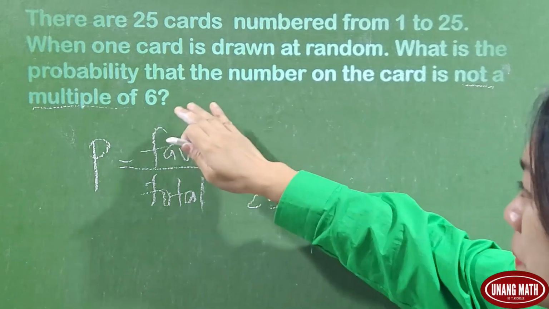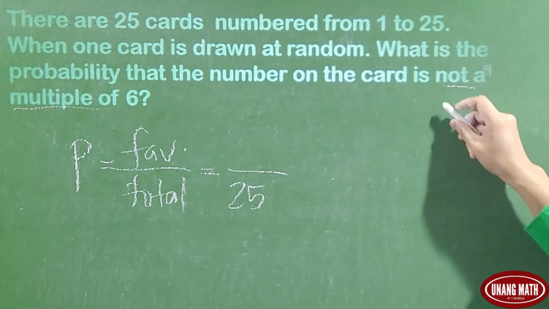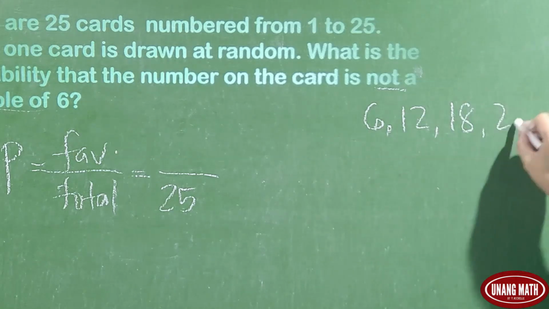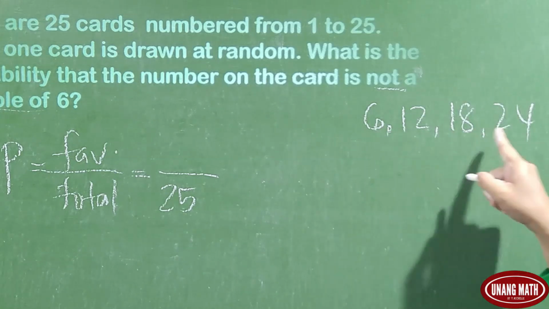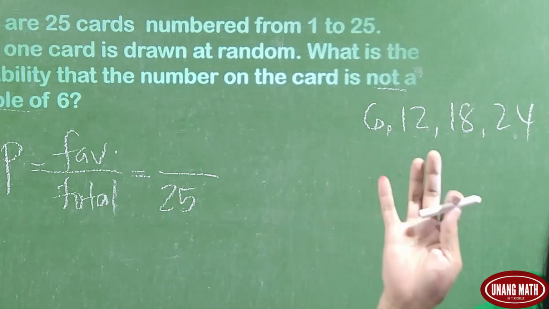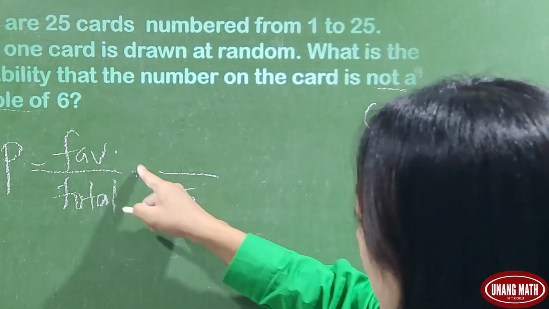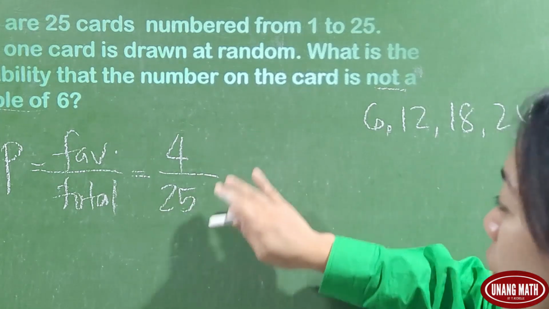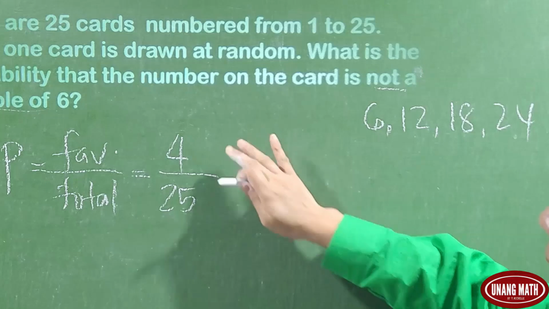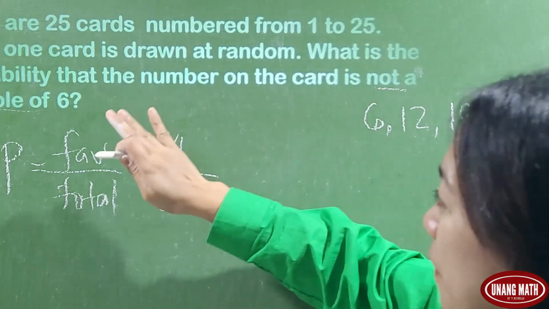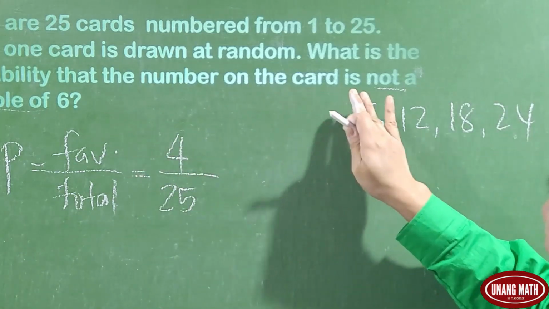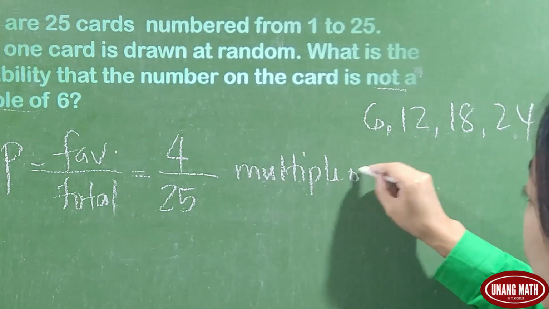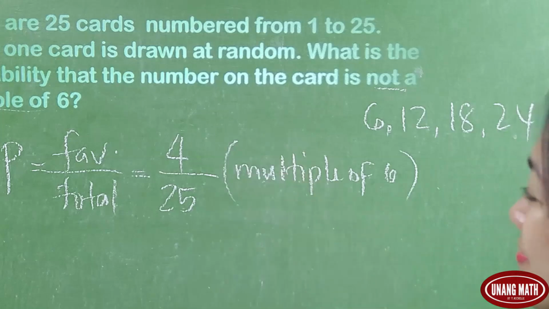So if it's a multiple of 6 from 1 to 25, then we have 6, 12, 18, 24. So we have here 4 multiples. So favorable outcome is 4. So we have here 4 over 25. And this is the probability that the number on the card is a multiple of 6.